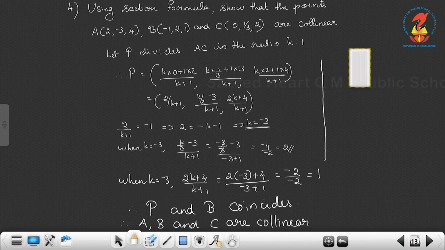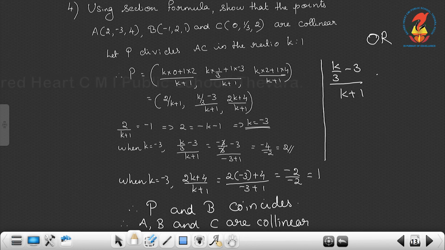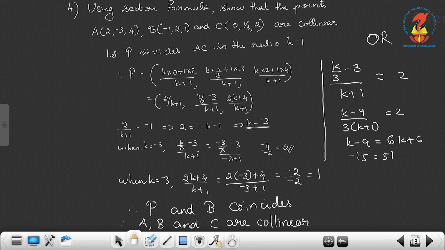Now equating the second coordinate: (k by 3 minus 3) by (k plus 1) equal to 2. So (k minus 9) by 3 into (k plus 1) is equal to 2. That is k minus 9 is equal to 2 into 3, 6k plus 6. Or minus 15 is equal to 5k. So k is equal to minus 3.